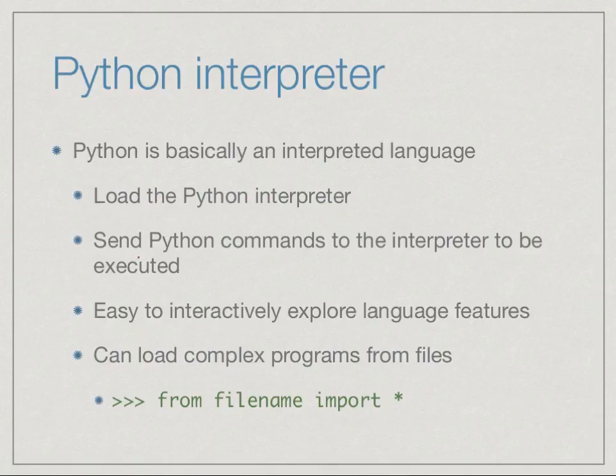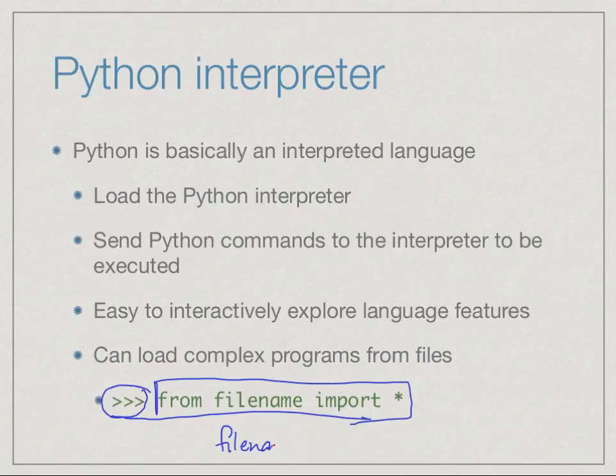What I've shown below in green, as we will see in a minute, is the prompt that the interpreter shows you. When you enter the interpreter, it will ask you to execute a command, and this is a command that you provide the interpreter. It says, I have a file called, say, filename.py, typically, to indicate it's a Python program.